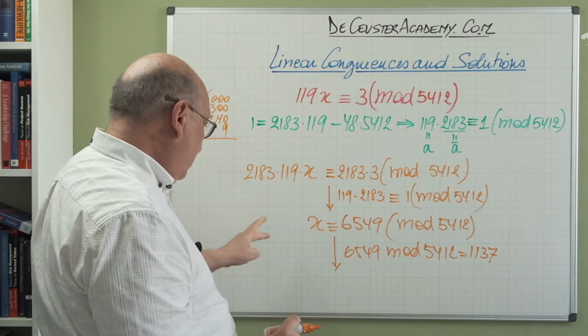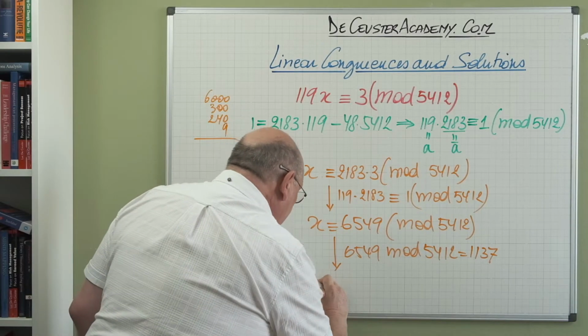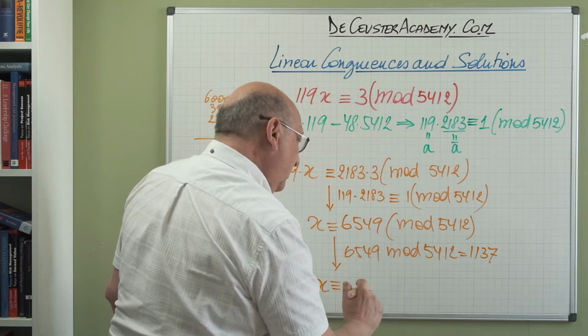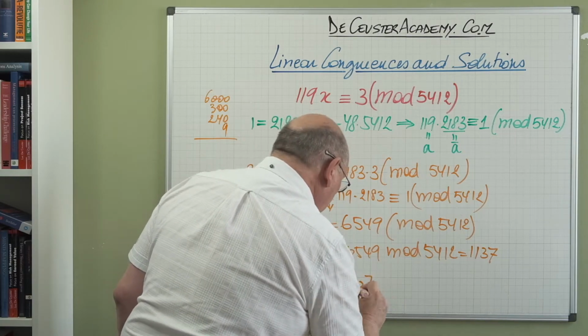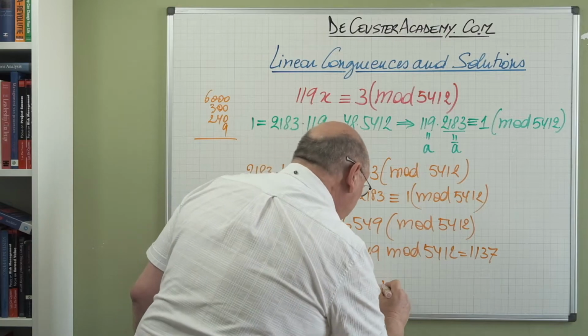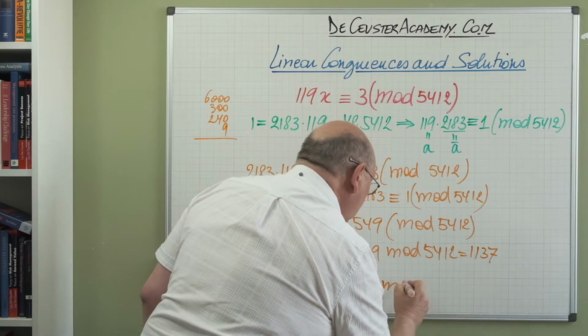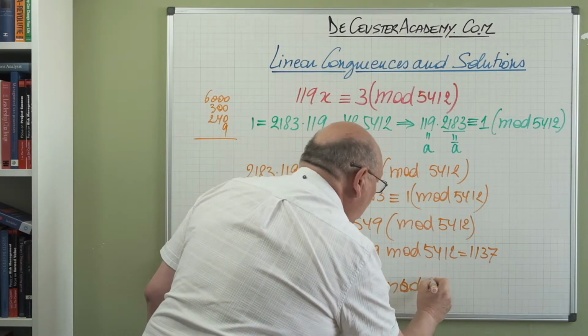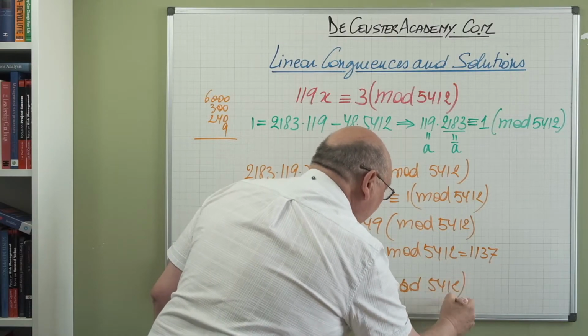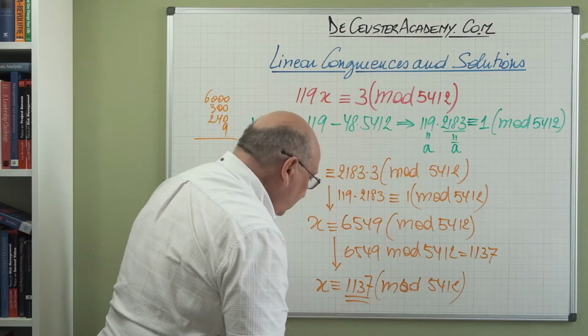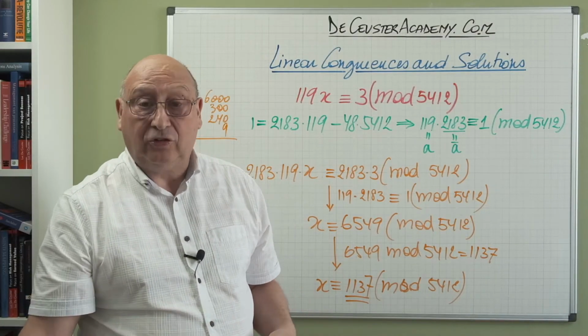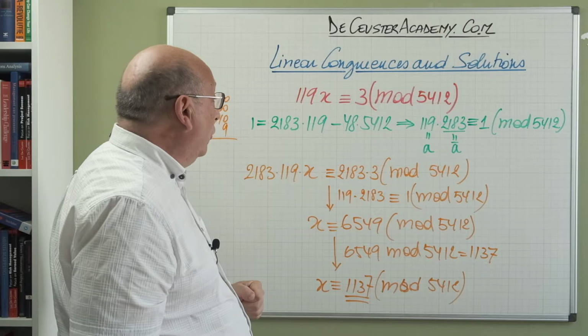Yes. So what we can write now is that x is congruent with 1,137 modulus 5412. So basically this is our solution to this linear congruence.